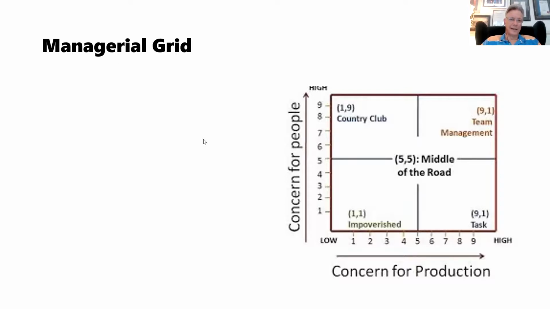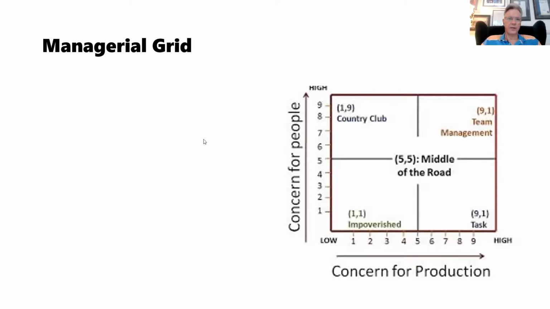And Michelle asks, should the coordinators of team management be in the 9-9 area? As I mentioned, Michelle, I think the idea is that the coordinators should be able to fluctuate between the three that are critical.